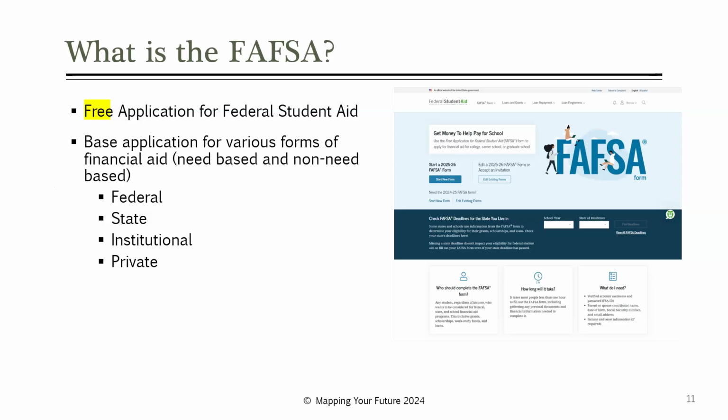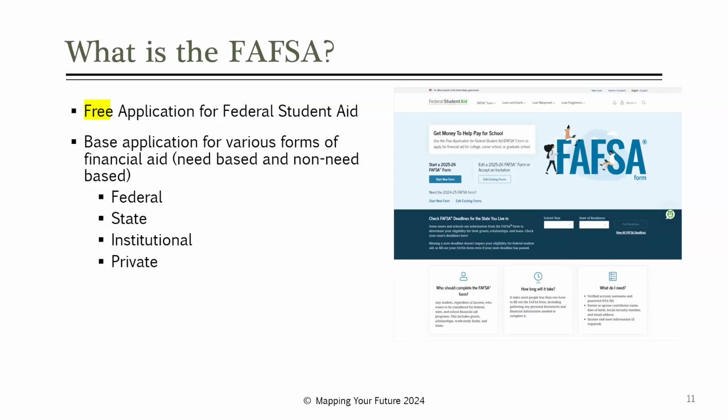In addition to the federal government, state governments, including South Dakota, colleges and universities, and some private foundations are going to use the data on the FAFSA to award financial aid, grants, and scholarships. So really, even if you don't want student loans and don't think you'll qualify for any federal need-based aid, you still want to complete the FAFSA if you are able.